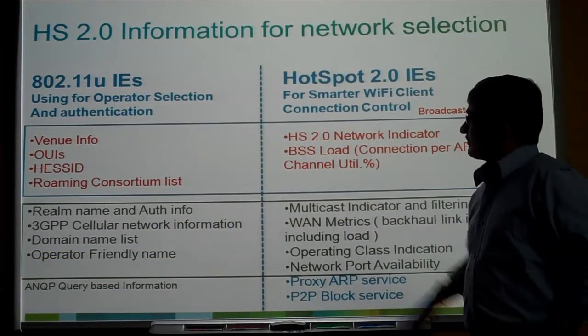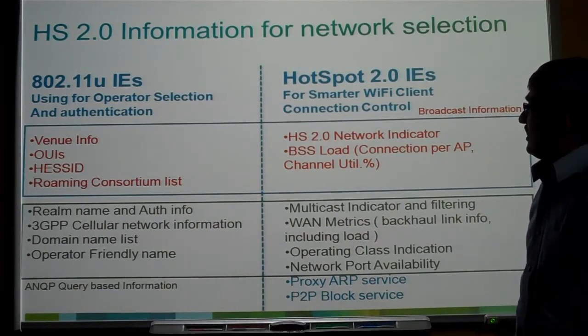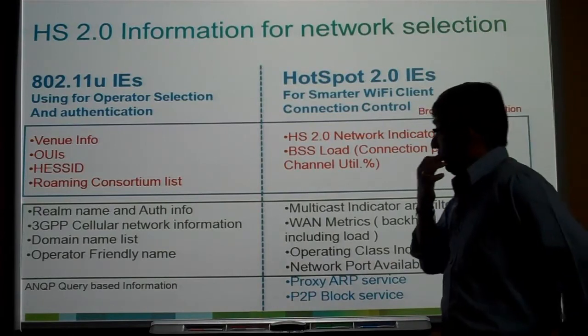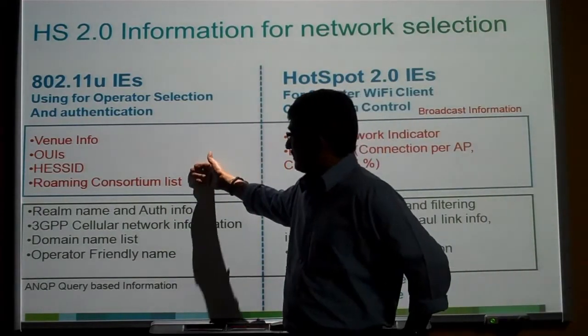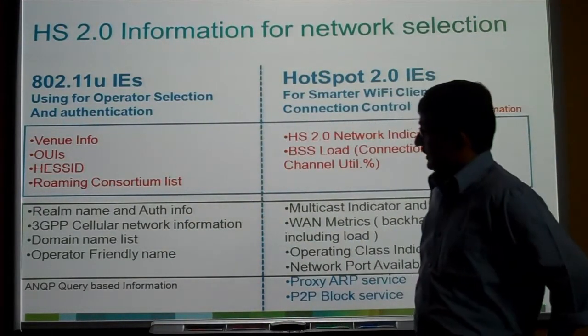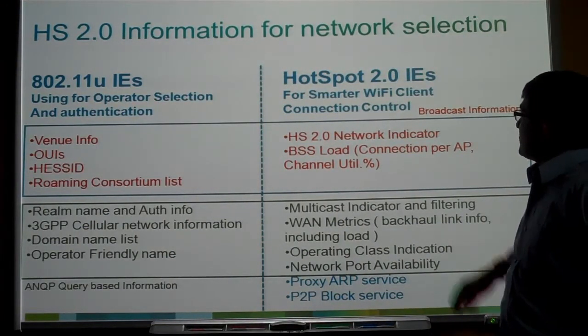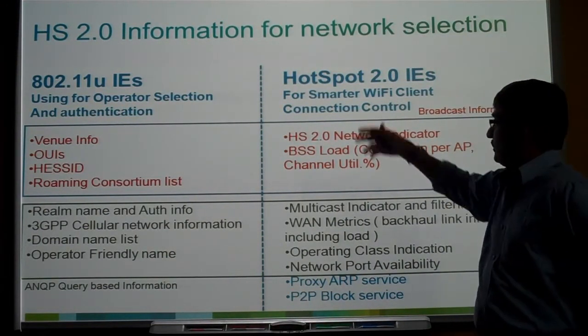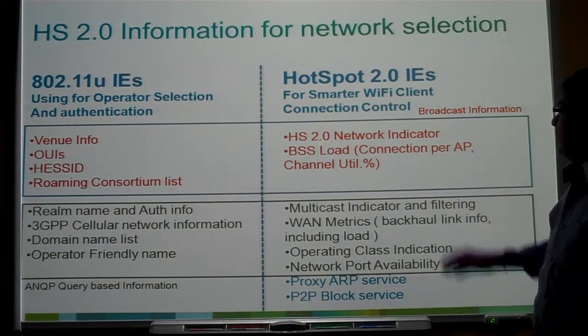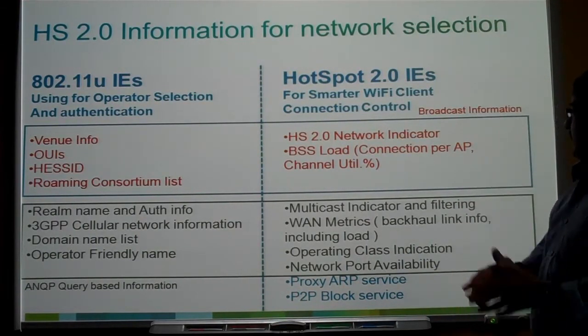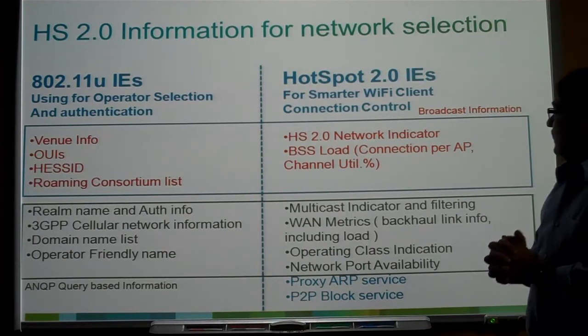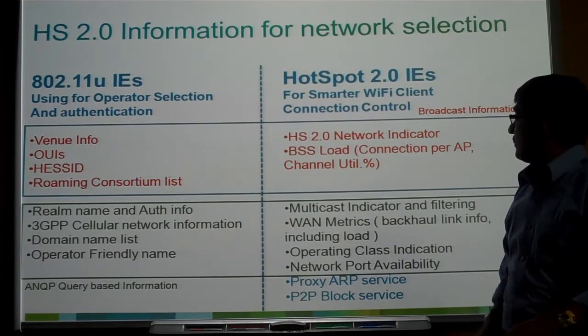Some of the IE elements that we have for the operator section that are most commonly used are these: Hotspot 2.0 IEs, the 11U ones on the left-hand side, and on the right-hand side Hotspot 2.0 IEs for much smarter Wi-Fi clients.